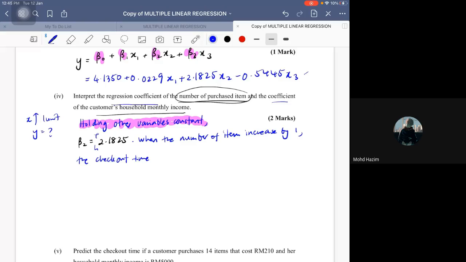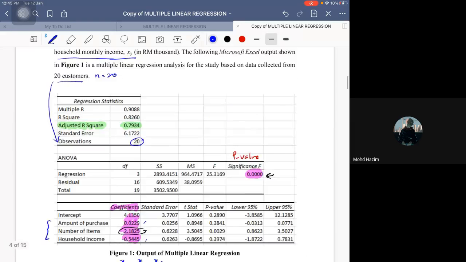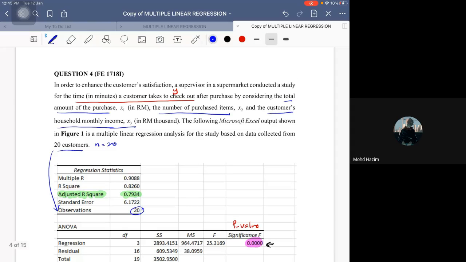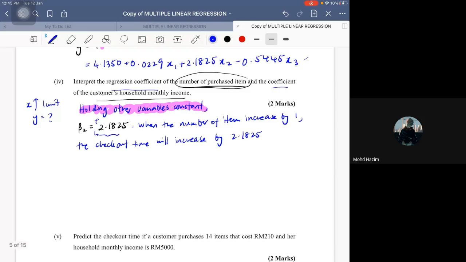So the checkout time will increase by this particular value, which is 2.1825. And if you refer back to the question, what is the unit for our time? Our time is in minutes. So here I'm going to write that this is 2.1825 minutes. That is going to be our interpretation. Basically, it's just what happens to y when x increases by 1 unit. We're going to do the same when we interpret the other value as well.